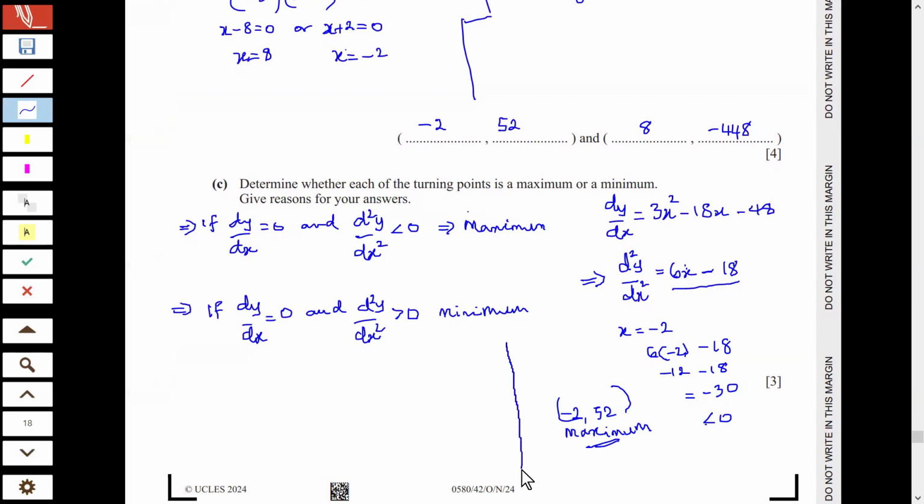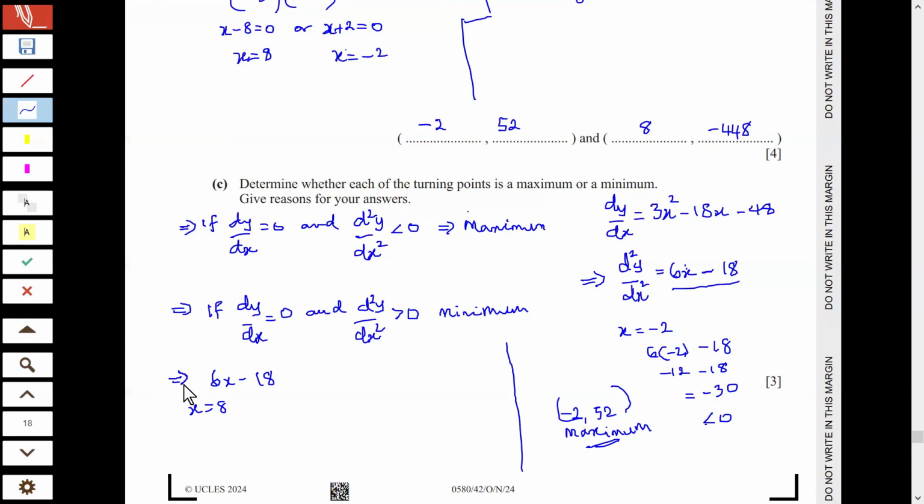Now for the next values of x and y, we already have the second derivative, which is 6x minus 18. When x equals 8, I substitute this into the second derivative.